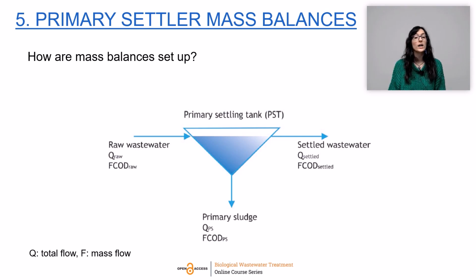We have 1 incoming stream, which is the raw wastewater, and 2 outgoing streams, being the settled wastewater that goes out at the top of the settler, and the underflow or primary sludge that goes out at the bottom of the settler. Each stream has their own flows and concentrations, and this is what we have to calculate with mass balances.